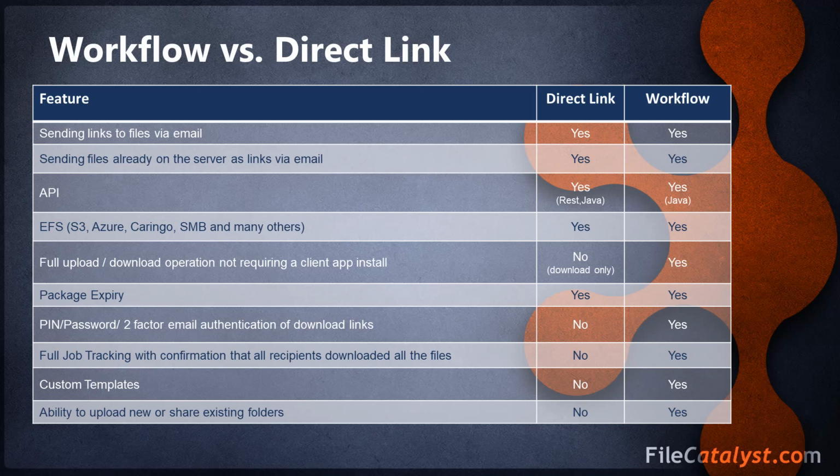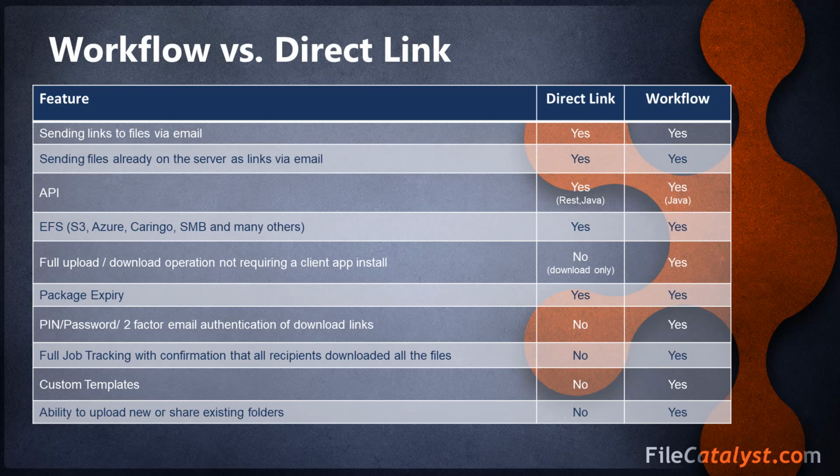You can send links from an object store with both systems. File upload and download not requiring a client application install: Direct has the download only. Workflow has both, upload and download. Package expiry, both systems have it.